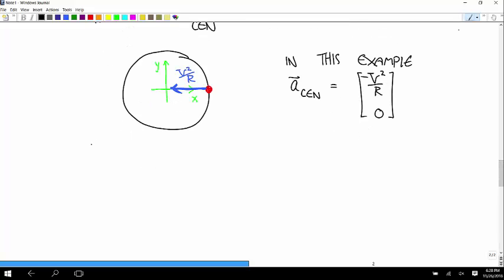Step 4. Now, this is only if it's non-uniform circular motion.